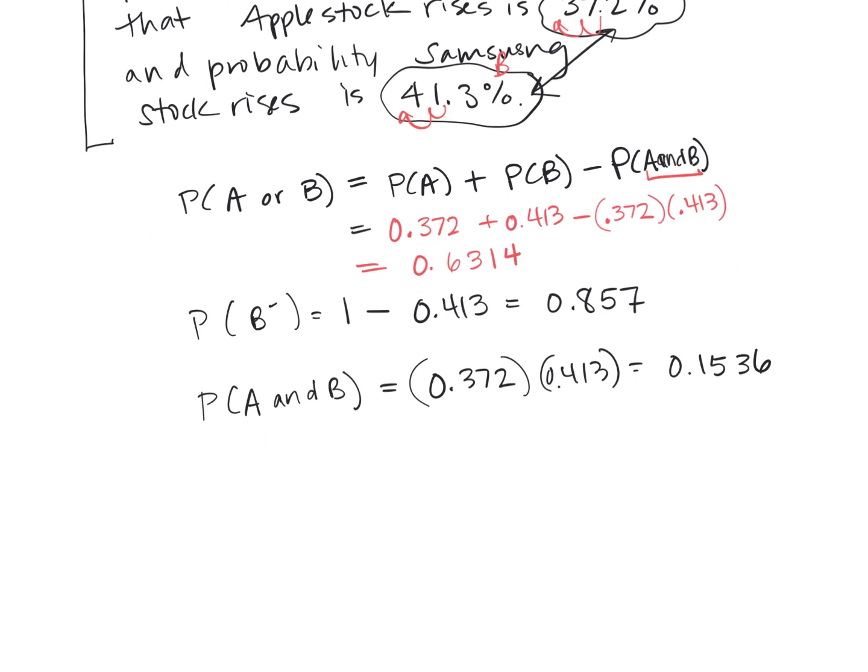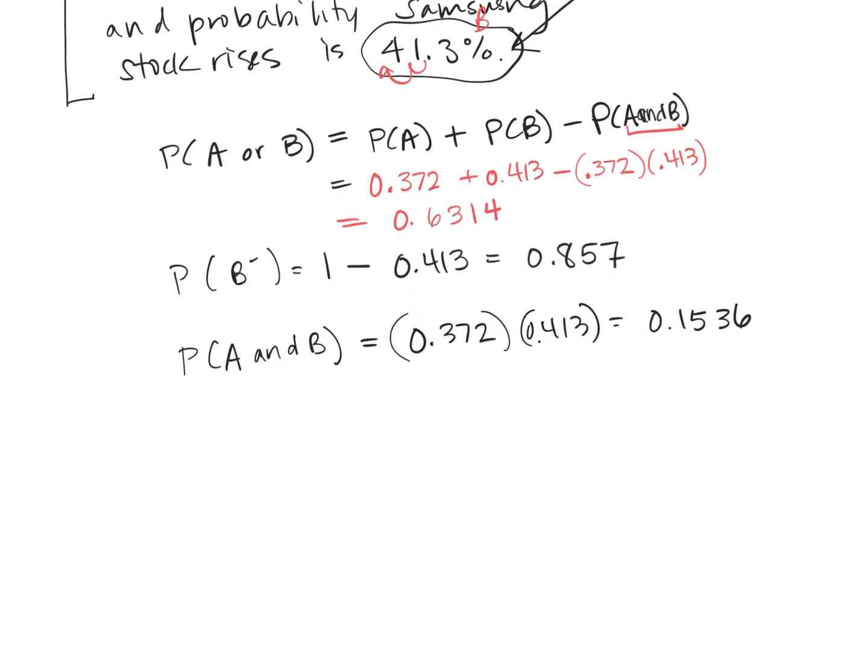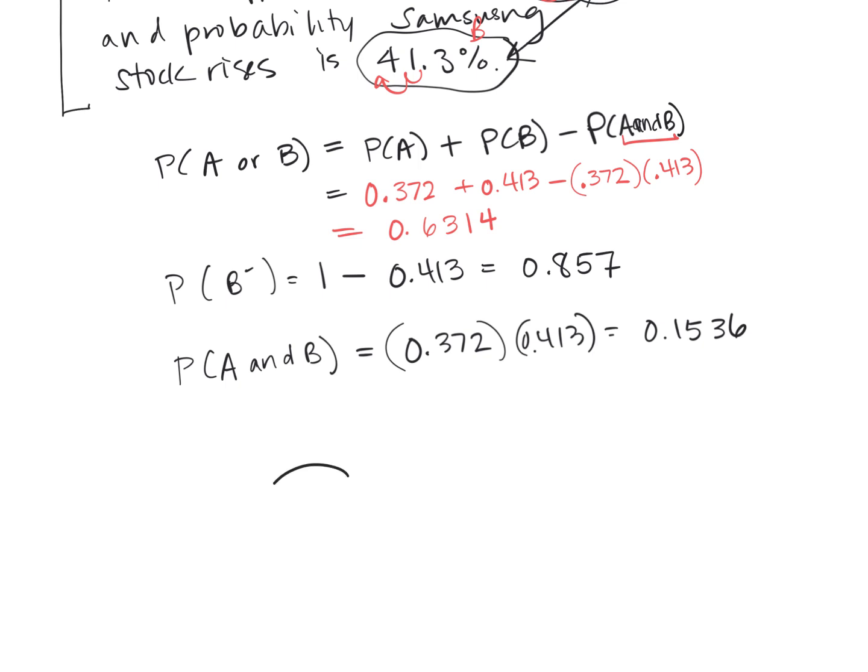Okay, the next part is the probability that either event A or event B occurs if the two events are dependent, and the probability that both occur is 17.4%. If they're dependent, it makes me want to draw a Venn diagram. The probability of both would be that 17.4%.